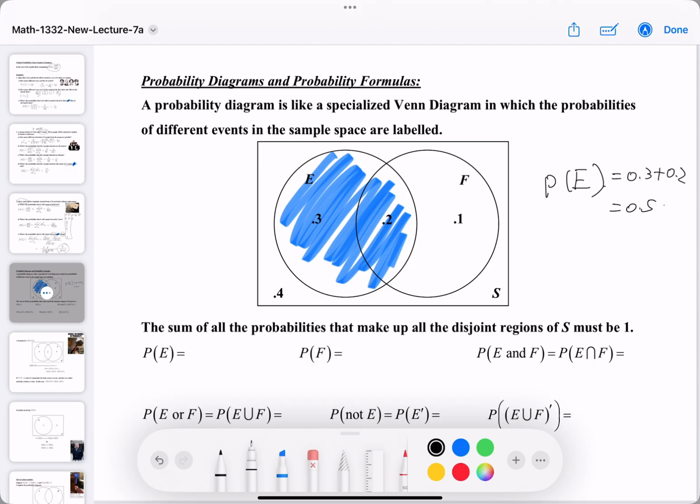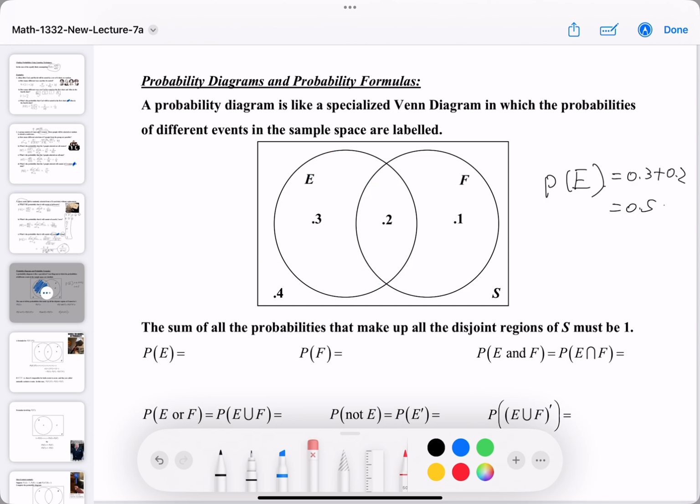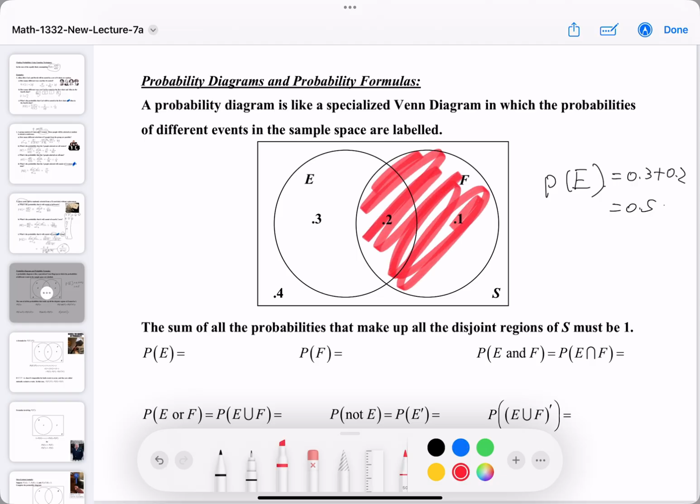Okay, how about event F? Event F is the shaded area. Here, we add the decimals together. P of F equals 0.2 plus 0.1, which is 0.3. And how about the overlapped area?